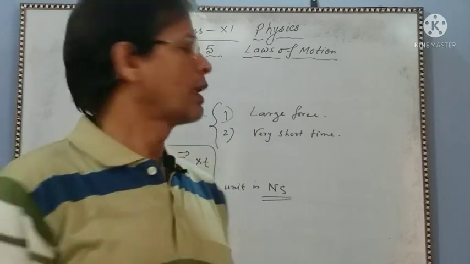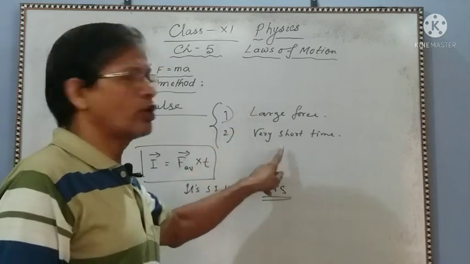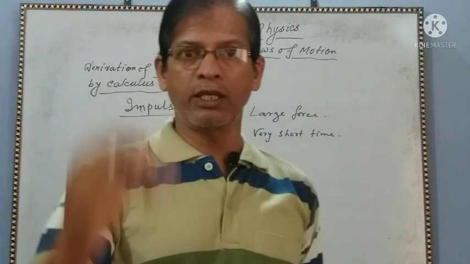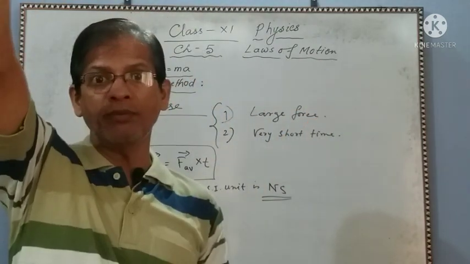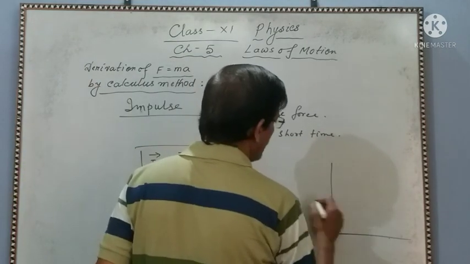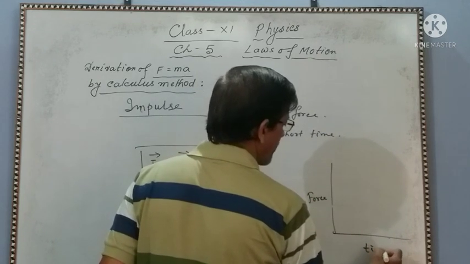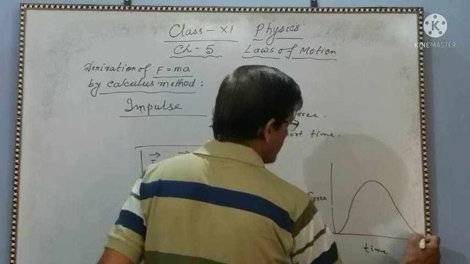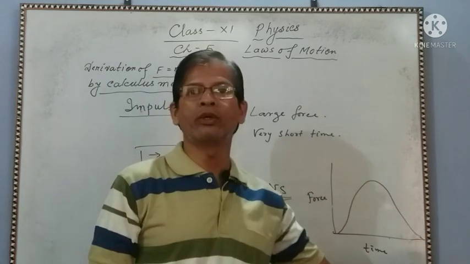Okay. In case of impulse, we need these two: large force, very short time. But impulsive force is not constant, it is varying. Initially it is 0, then it will be maximum, then 0 again, like this, on a force-time graph.